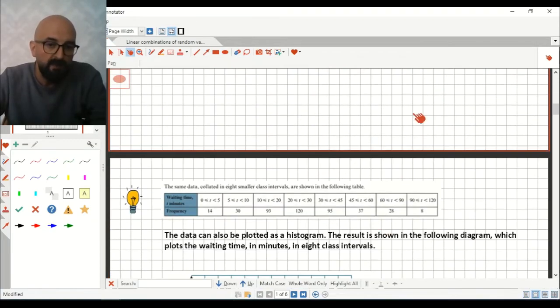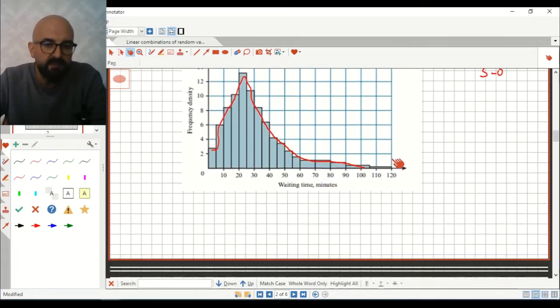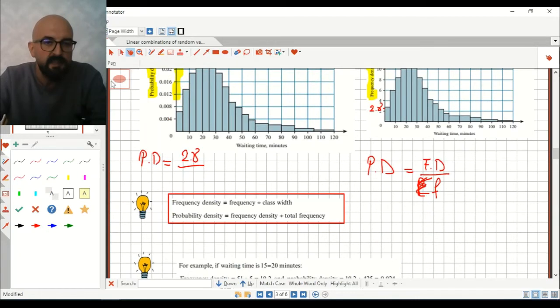So the probability density is 2.8 over 425.